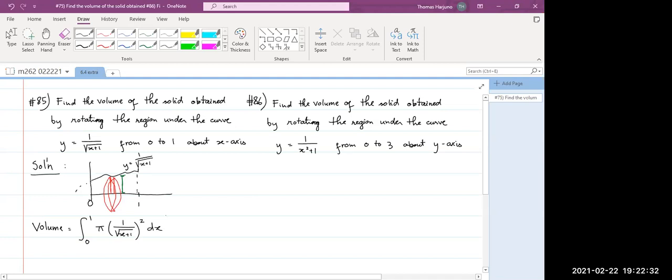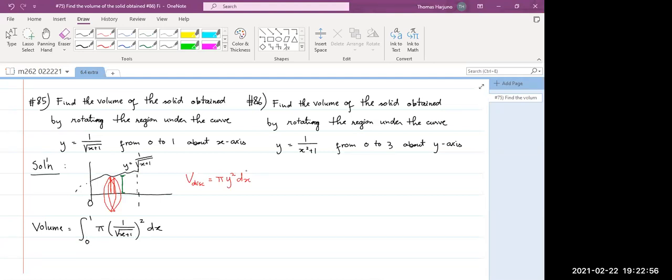Where y is the radius, and dx is the thickness of that disk.